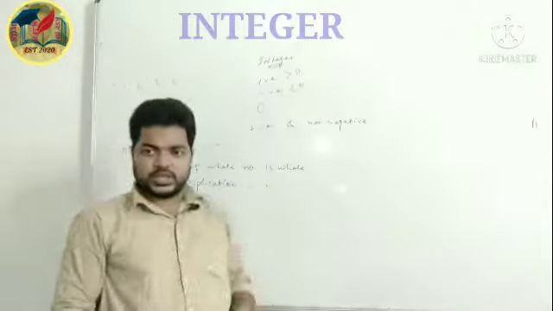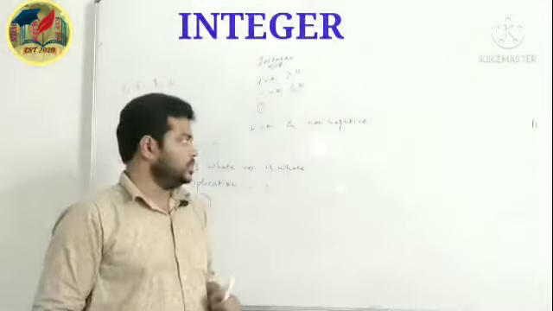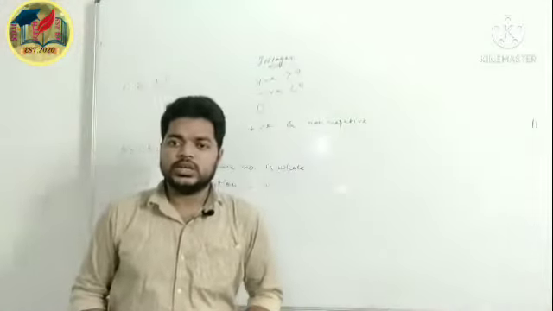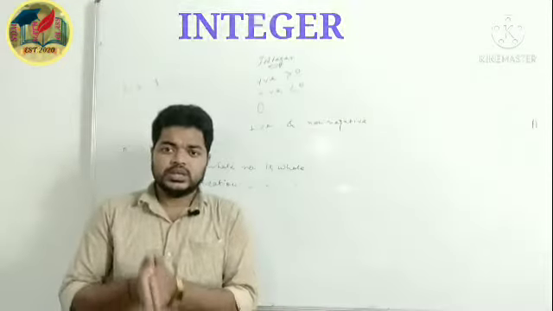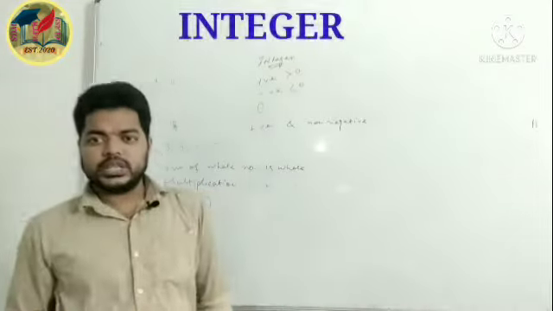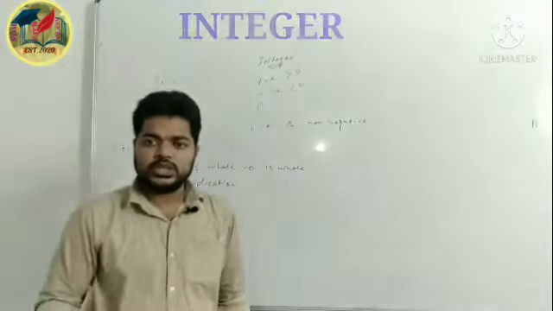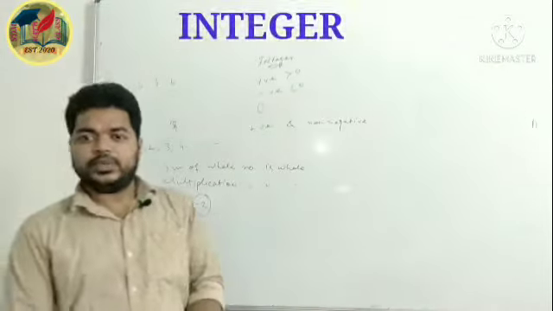In positive integers 0 is not included, but in non-negative integers 0 is included. Clear? So integers are of three types. One is positive integers which are greater than 0, one is negative integers which are less than 0, and 0 is individually a type of integer.